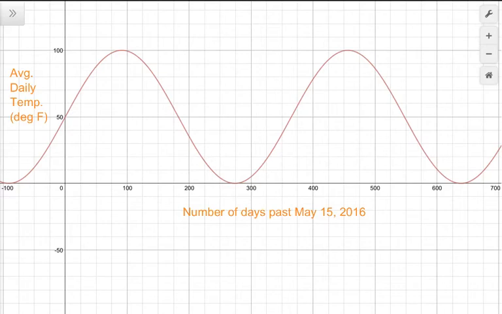So we can see that at about 365 days, we've gone through a full cycle. So our temperature has increased and reached its maximum, average maximum, gone back down, hit that 50-degree mark again, decreased as we went into winter, and then started warming back up as we made it towards May 15, 2017. So this is an example of a sine curve being used to model something that happens in the world.